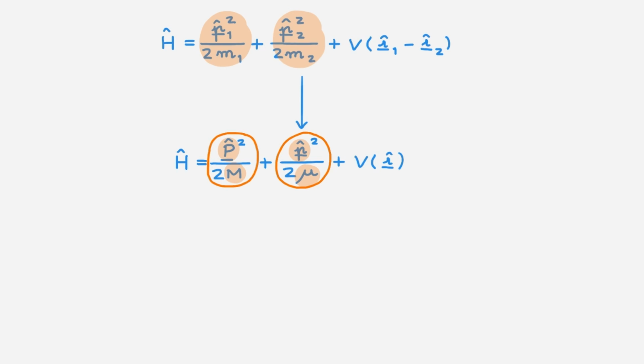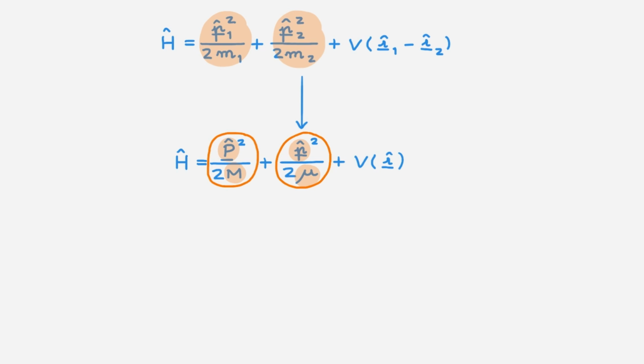We can think of this system in terms of the original 2 real particles of masses m1 and m2, or equivalently in terms of 2 new fictitious particles of masses M and mu. The question you will probably have at this point is, why would we want to think in terms of these 2 fictitious particles rather than in terms of the original particles?